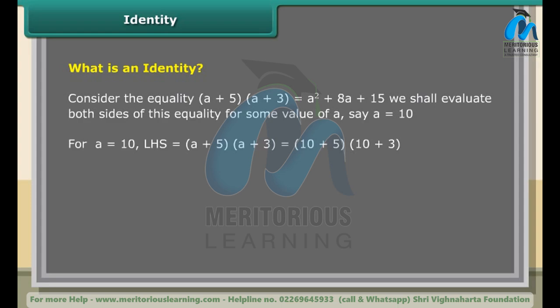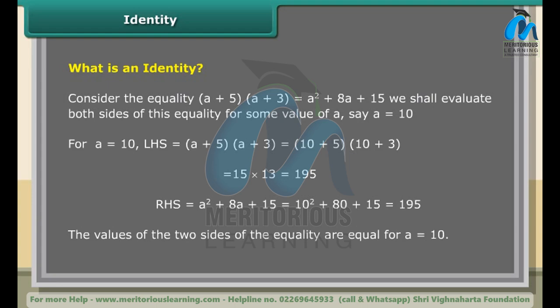For a is equal to 10, LHS is equal to (a plus 5) into (a plus 3) is equal to (10 plus 5) into (10 plus 3), which equals 15 into 13, which is equal to 195. RHS is equal to a squared plus 8a plus 15, which equals 10 squared plus 80 plus 15, which is equal to 195. The values of the two sides of the equality are equal for a is equal to 10.